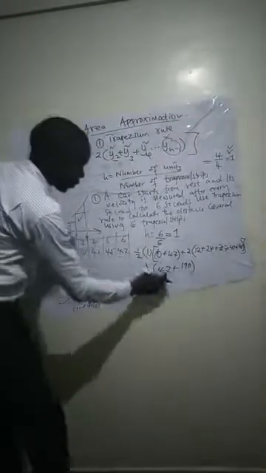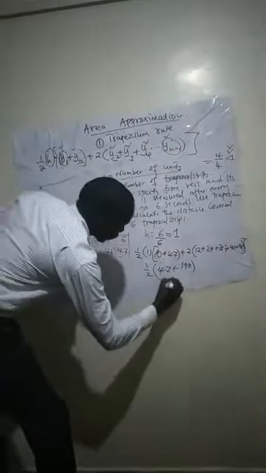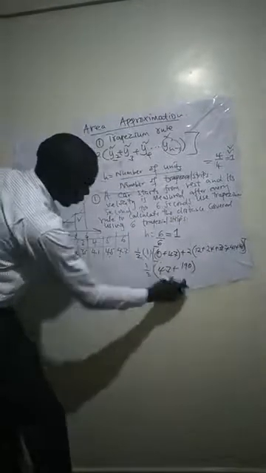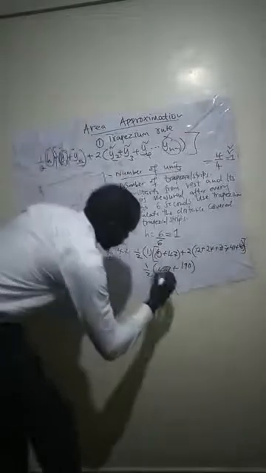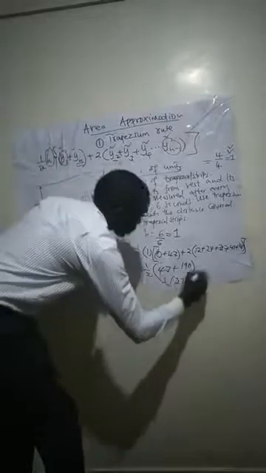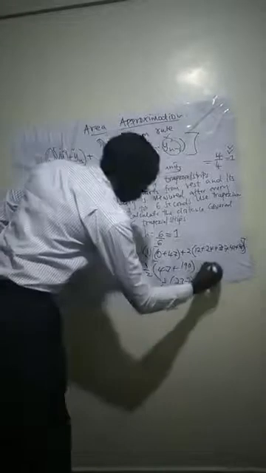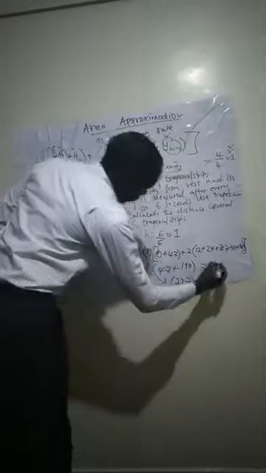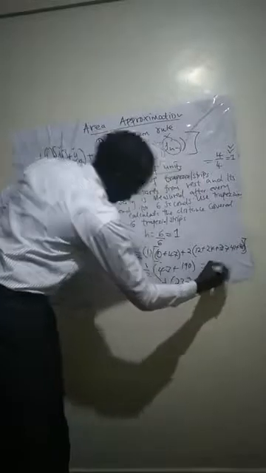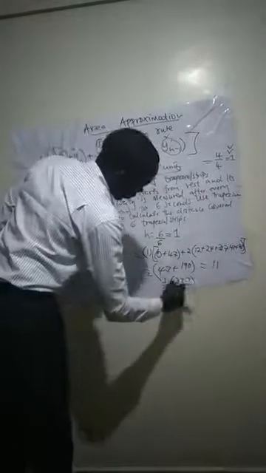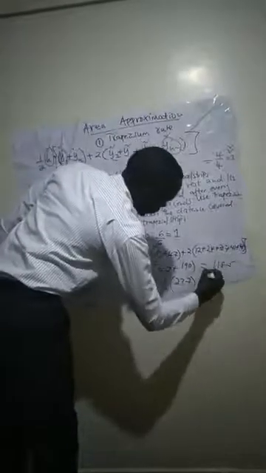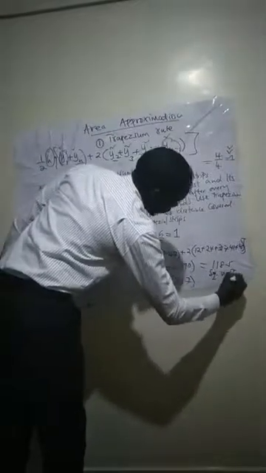So you add these two, 290 plus 47. 1 over 2 times 1 is 1 over 2. So 1 over 2 into brackets, 290 plus 47, that is 337. So the area is a half of 337, which gives us 168.5 square units. So the distance covered by the object is going to be 168.5 square units.